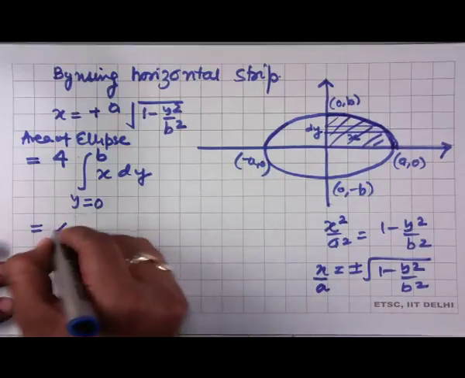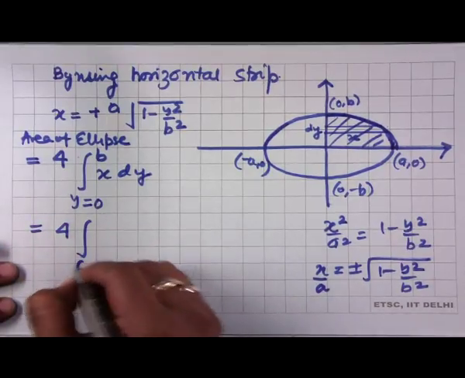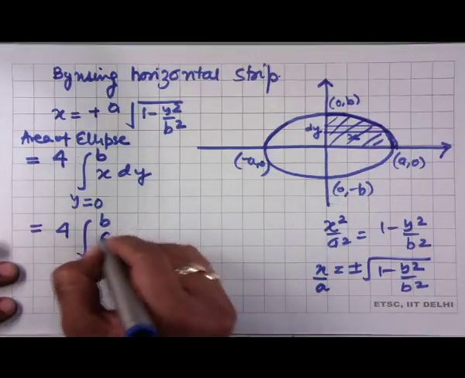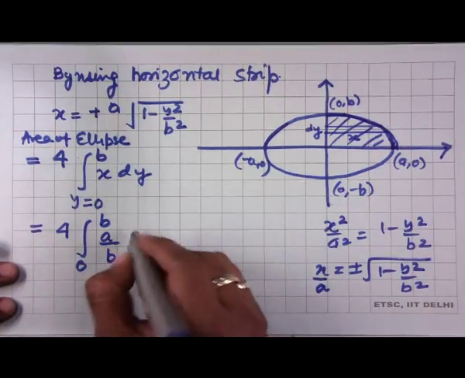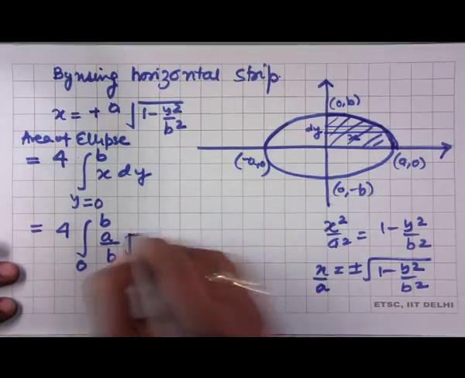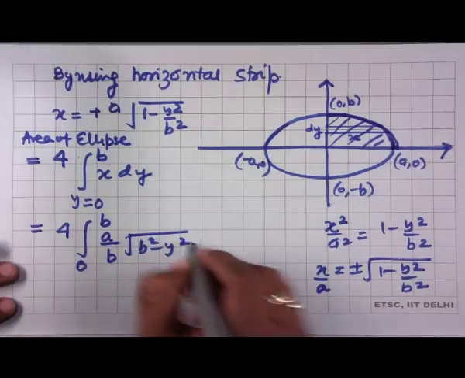So we get 4 times 0 to b, x is a by b under root b square minus y square dy.